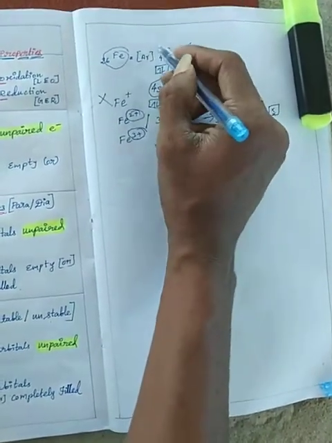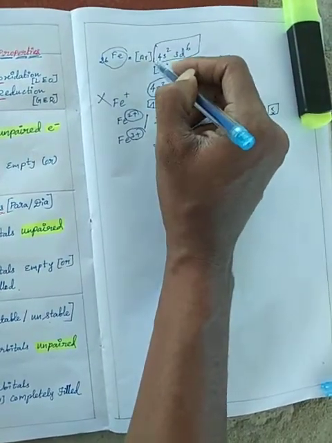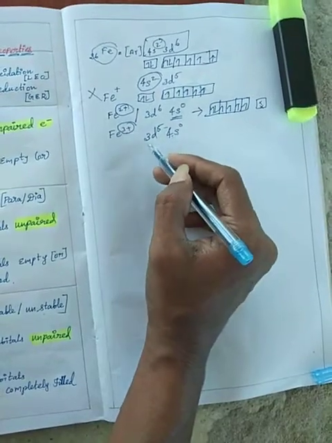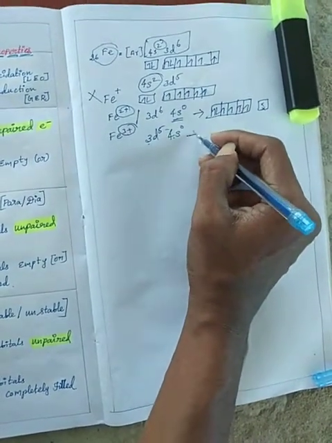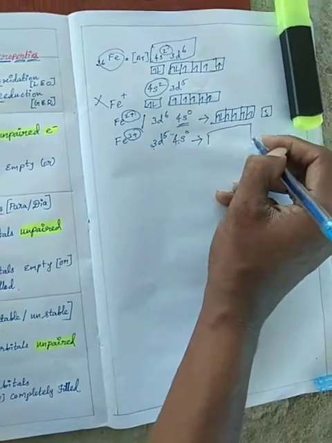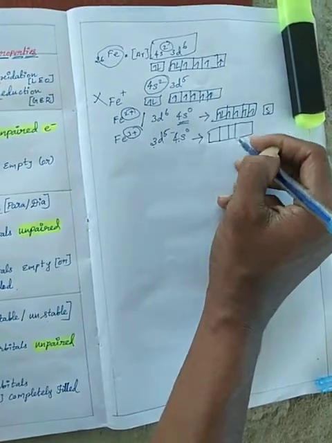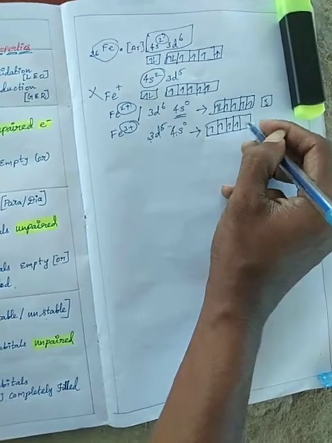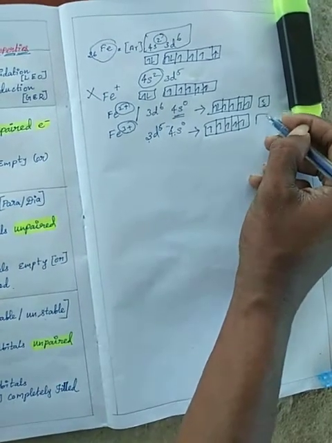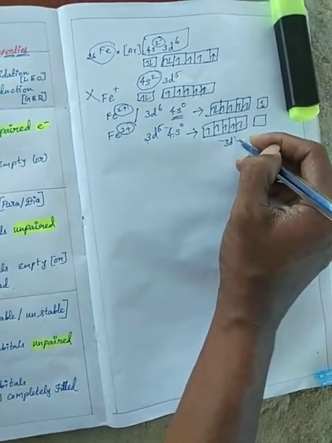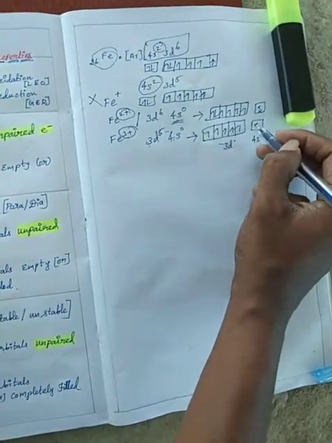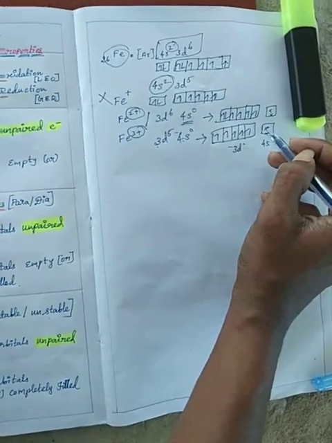So Fe3 plus is 4s0 3d5, with 3d5 half filled, and 4s0 is the electronic configuration.